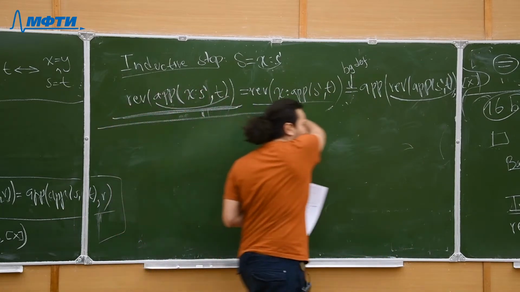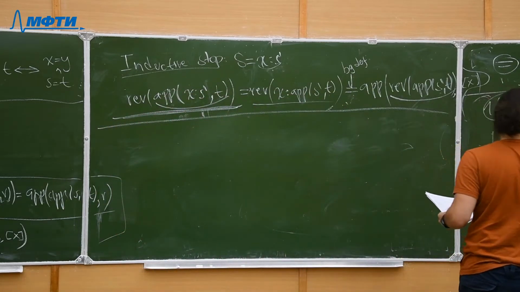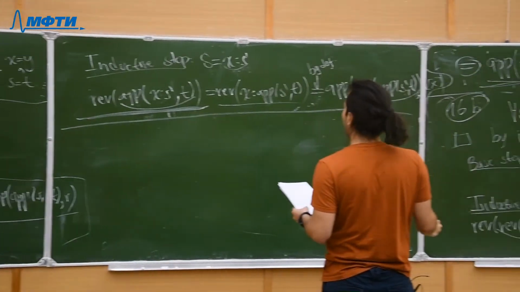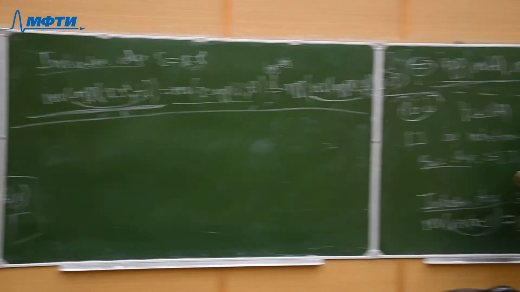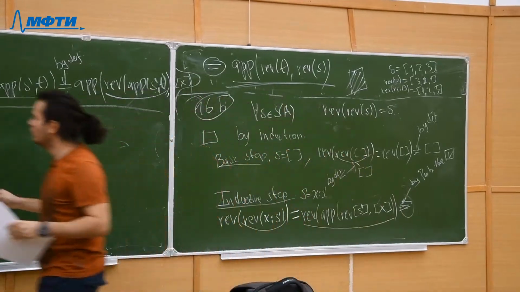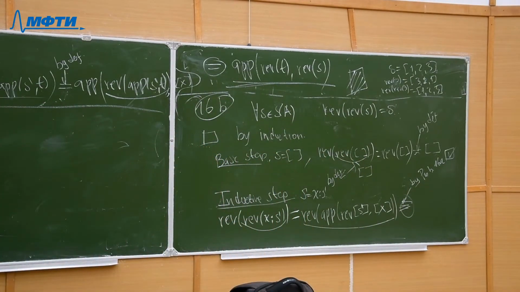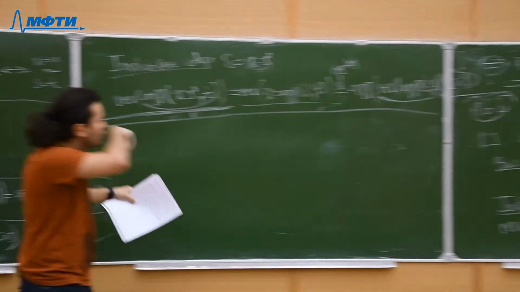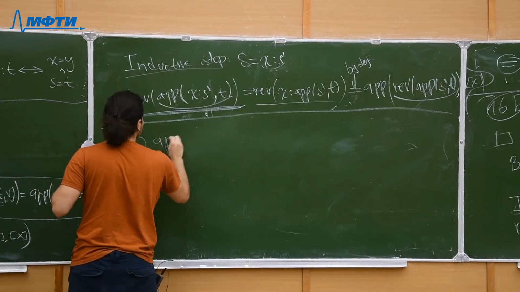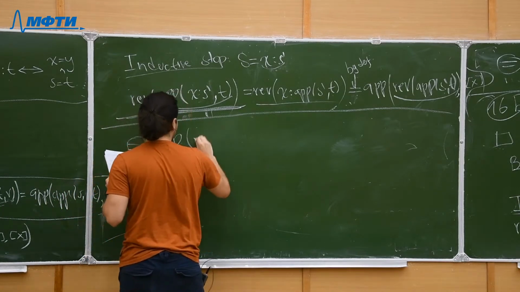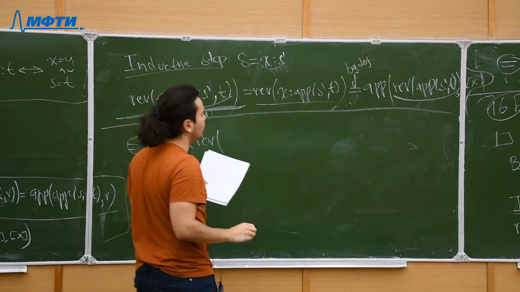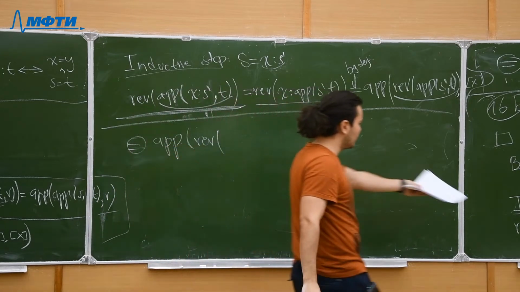So wait. So this is going to be equal, by this exercise, to the reverse of t, in this case t is x, right?